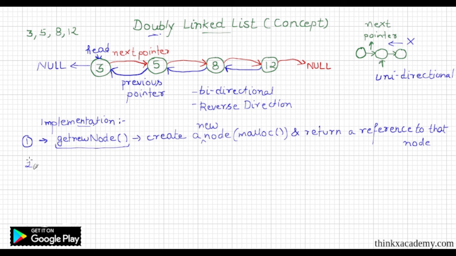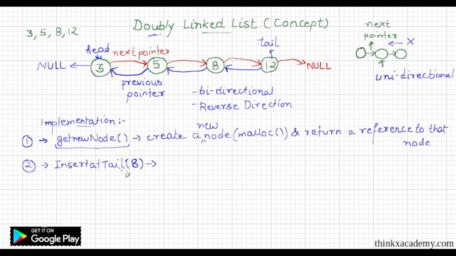The second function that we are going to implement is insert at tail. This function insert at tail will take some data. Let's suppose 8 is the data, and this function will insert a new node at the tail of our linked list. So this is the head of our linked list, and this is the tail of our linked list.